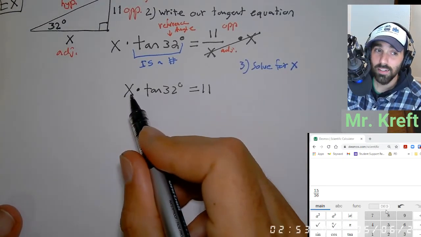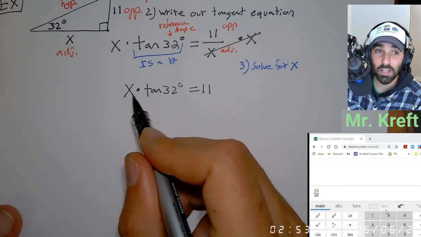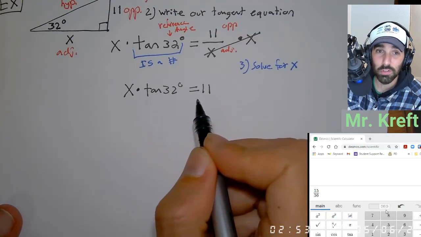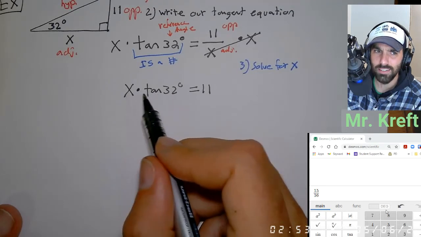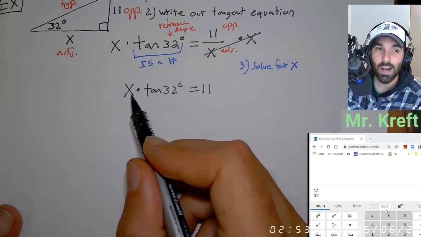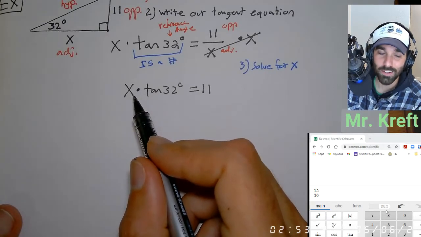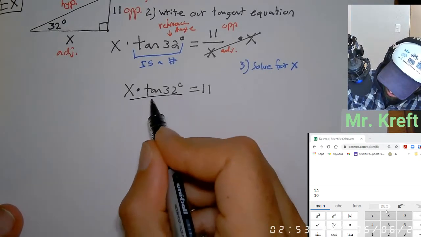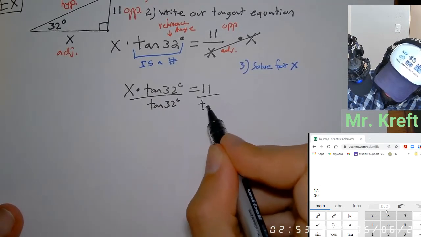Okay, now remember, tangent of 32 is a number. So I want to get x by itself, right? Well, I got it off the bottom. That's good. But it's still not by itself. So like this could be like 7x, right? Tangent of 32 is a number. How would you get rid of multiplication? Of course you know that answer. To get rid of multiplication, you would divide by tangent of 32.